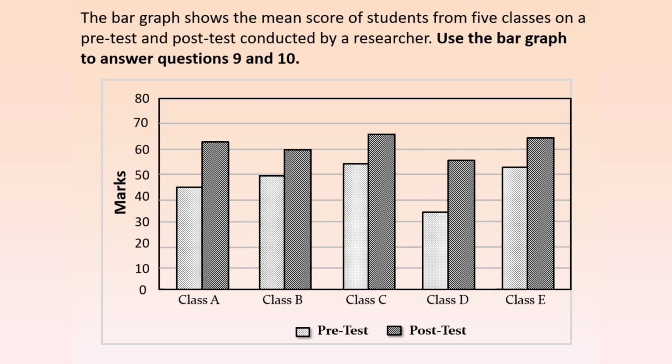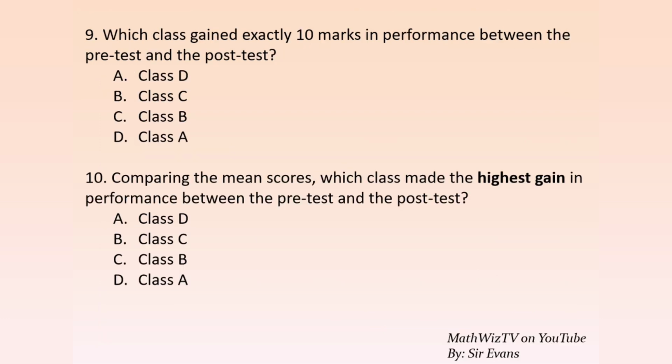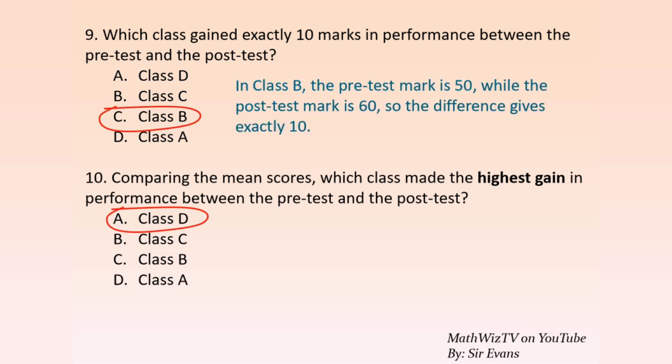So their performance in class D is rather higher. We can conclude that this is the class that made the highest gain, because there was a significantly higher performance in the post-test than the pre-test. So we choose A as our answer.